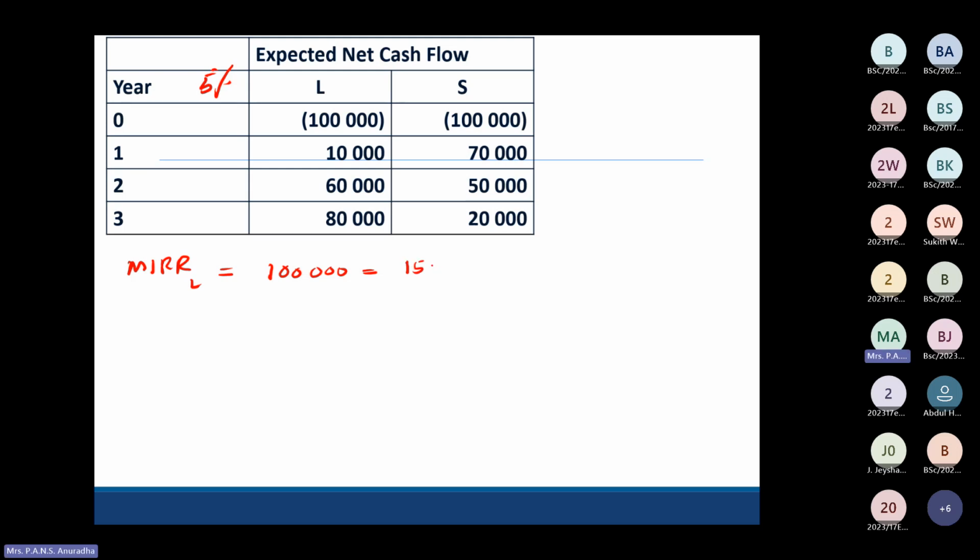So now your formula is 100,000 equals the terminal value of the project, 154,025, discounted by 1 plus MIRR, the modified internal rate of return. Time is 3 years. Now solve this. Once you divide 154,025 by 100,000, your MIRR will be 1.540 to the power of one third, minus 1.